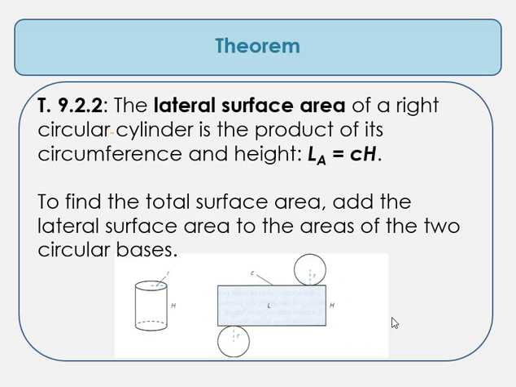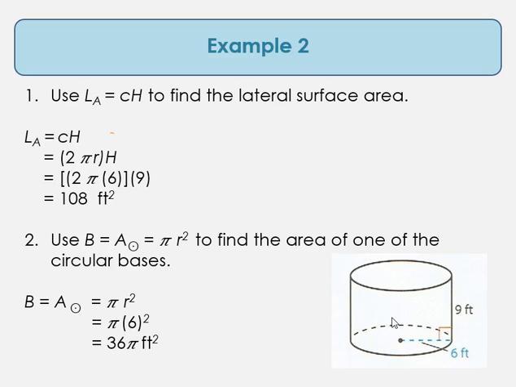So that L will equal CH. So our theorem 9.2.2, the lateral surface area of a right circular cylinder is the product of its circumference and height. So to find the total surface area, you're going to add the lateral surface area to the areas of the 2 circular bases.